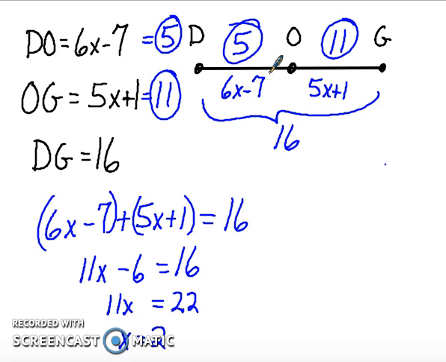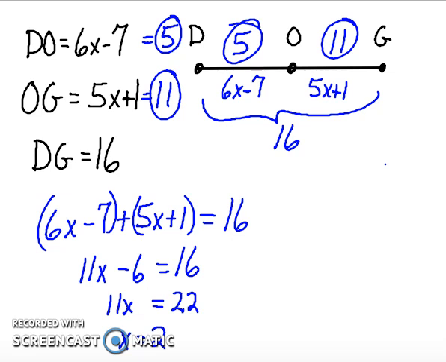So be careful when you're looking at these things. Make sure you understand the difference between something being a midpoint and something being between two segments. Make sure you can distinguish those two definitions.